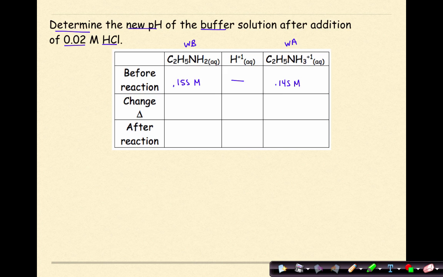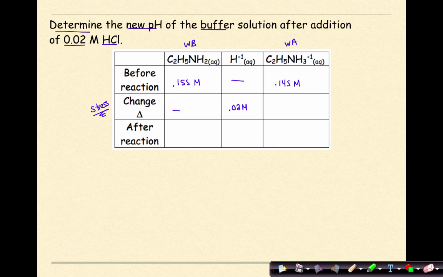The change in the situation is the stress of the addition of the hydrochloric acid. In this case, we're adding 0.02 molar hydrogen ions. What's going to cancel out the hydrogen ions? Well, the weak base is going to do that.